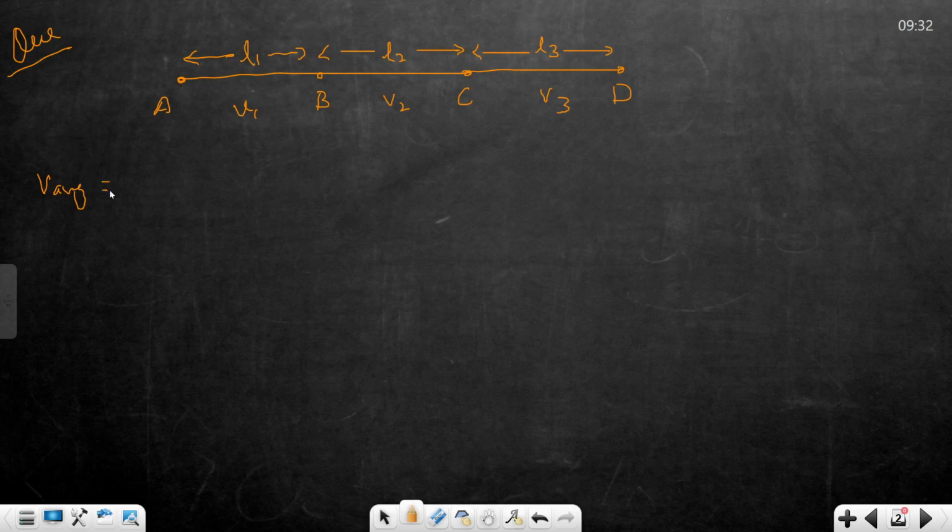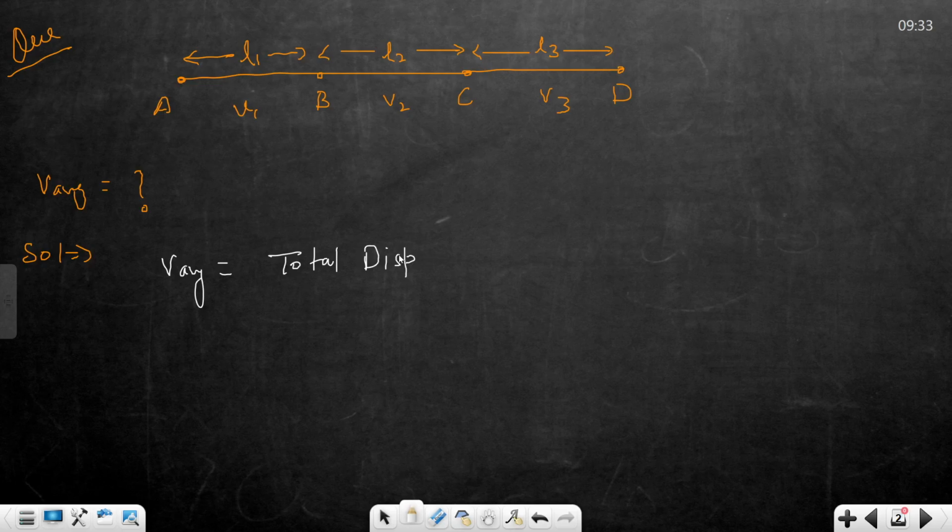So when the question asks about the average velocity or speed, you just have to apply a simple approach. V average is equal to total displacement or distance. If they are asking about the velocity, then you have to take the displacement, and if the question is asking about the speed, then you have to take distance.